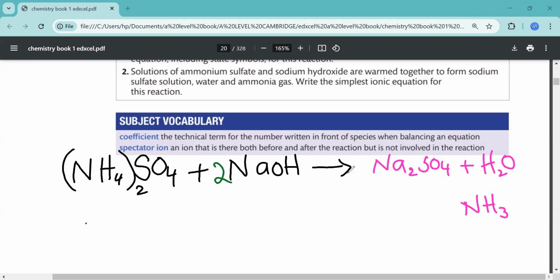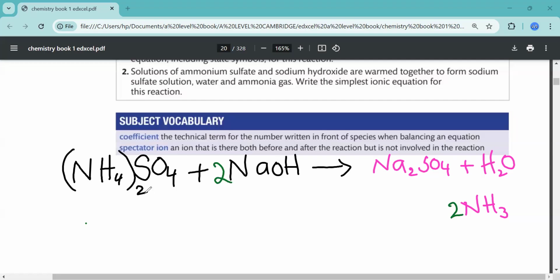Now we will look at the sulfur, one sulfur, one sulfur. We will look at the nitrogen, two nitrogen here, and there is one nitrogen here, so we will put the two here. Now the oxygen, one, 4 and 1, 5, so this is also 5.